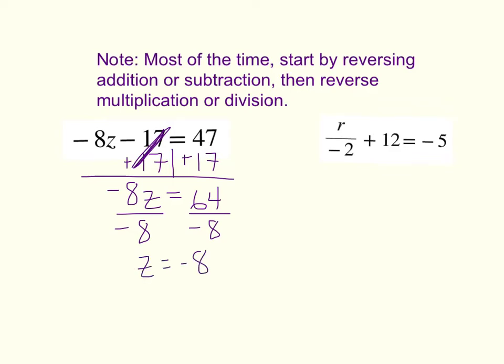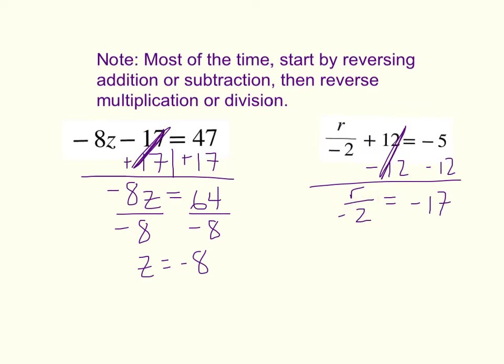You can check your solution by plugging it back into the original, see how it comes out. You should do that on your own. Let's move over to this other one. Again, we're reversing addition or subtraction. In this case, reversing a plus 12 with a minus 12. Cancels on the left, gives me a negative 17 on the right. Now I need to reverse the division that I see. Remember that now we have a fraction bar to show us division.